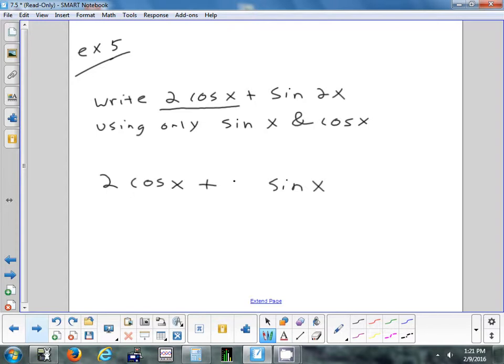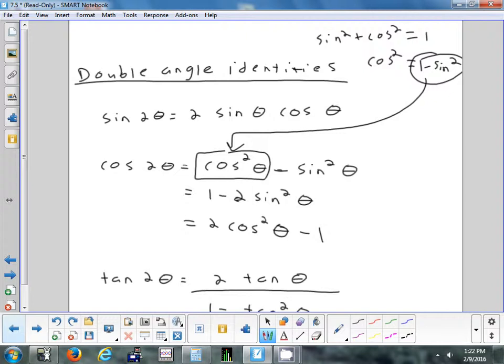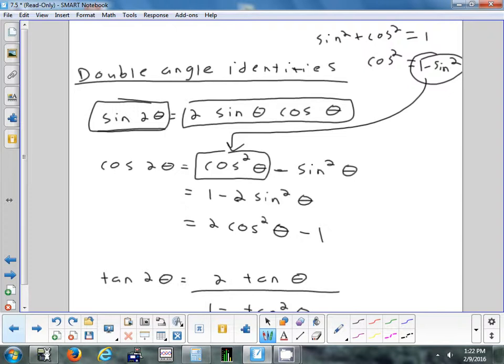It's the one we proved. 2 sine cosine. Sine 2x. Right there. 2 sine cosine. So we just substituted this in for that.